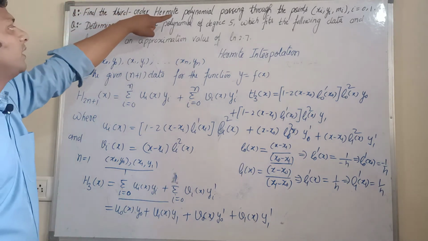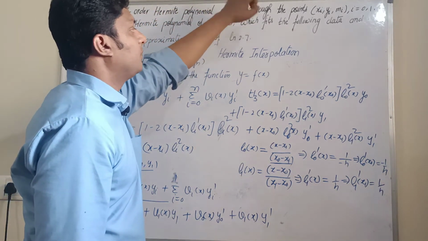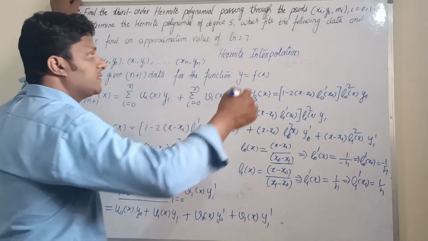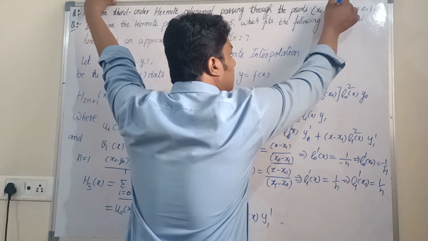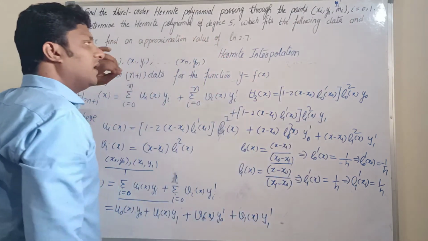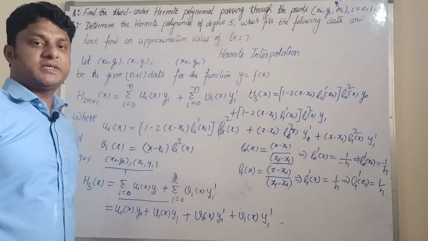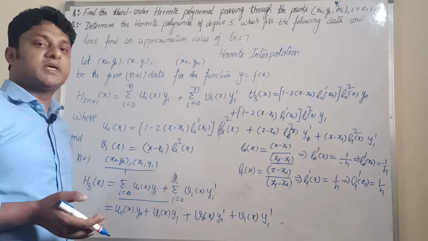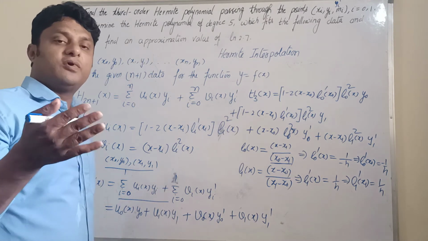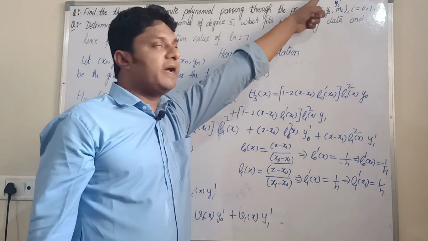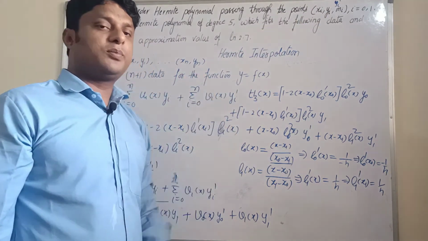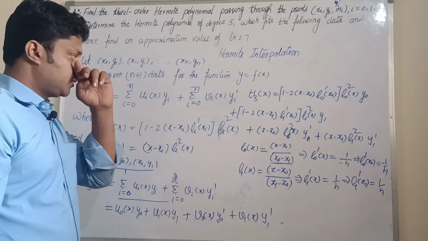Find the third order Hermite polynomial passing through the points (x_i, y_i) with m_i's. m_i is nothing but the slopes, that is y_i'. In terms of the function, m stands for the slopes of the function; the first derivative stands for the slopes.